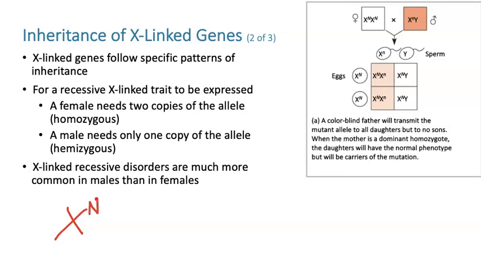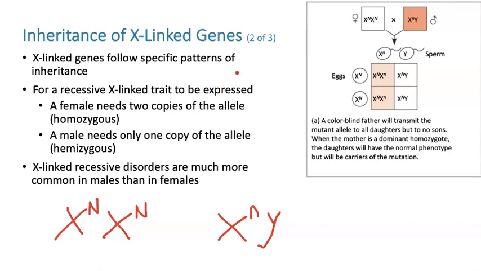And again, the reason for this is because females have 2 X chromosomes, and males only have 1 X chromosome, and their other chromosome is the Y chromosome. If you don't say that the traits are on the chromosomes, then you do encounter some problems when you're doing Punnett squares.